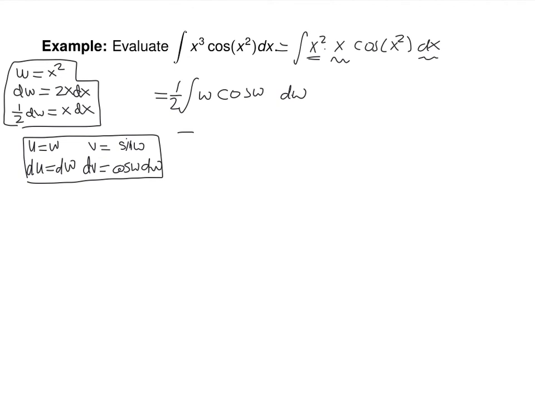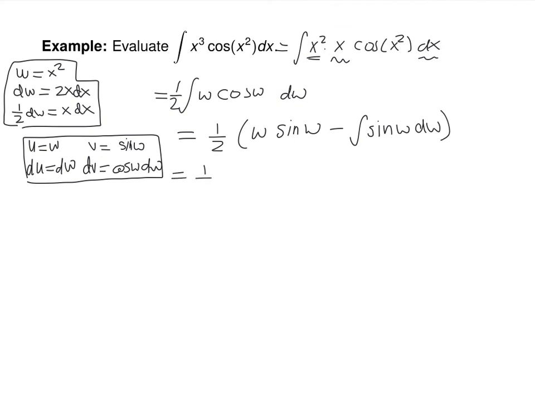So we have 1/2 times uv, w sine w, sine, not sim, minus v du, so minus the integral of sine w dw.